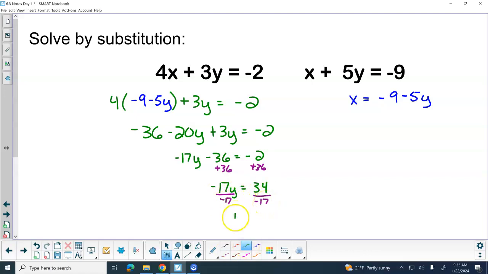That's going to give us y equals negative 2. If I plug negative 2 back into this one, then that's going to be negative 9 minus 5 times negative 2, which is negative 9 plus 10, which is positive 1.